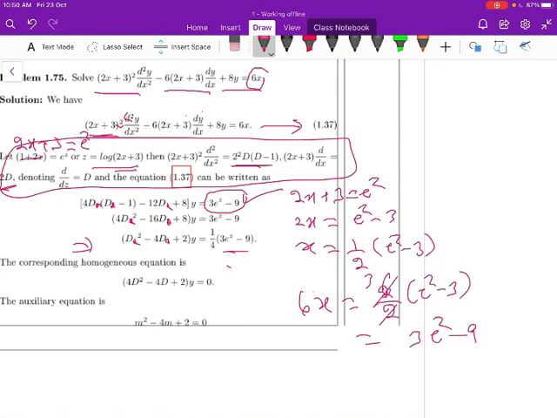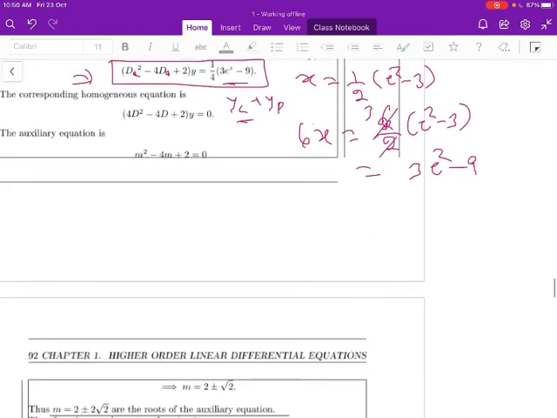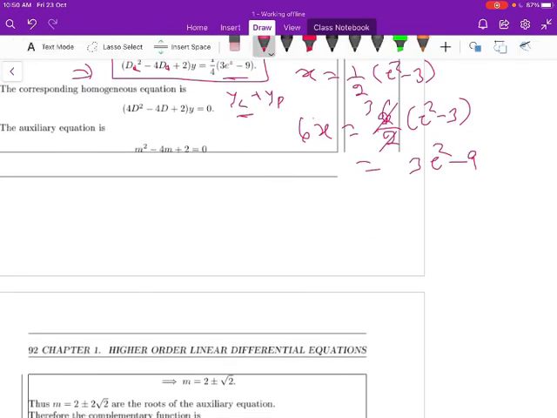Now let us move to the general solution. Yc plus yp is the general solution of this equation. This is a non-homogeneous linear differential equation with constant coefficients. To find Yc, consider the homogeneous equation, that is (4D square minus 4D plus 2) into y is equal to 0.